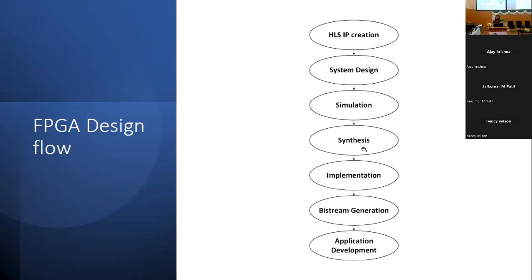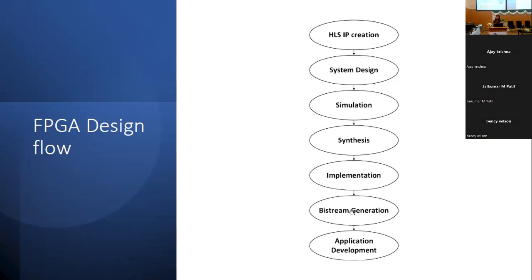Synthesis will convert my code into a logic design. Then after synthesis, implementation. Implementation means I have got my logic gates, and now I want to implement them in actual FPGA resources. How many LUTs are required, which ones, and how to interconnect them, that will be done here.